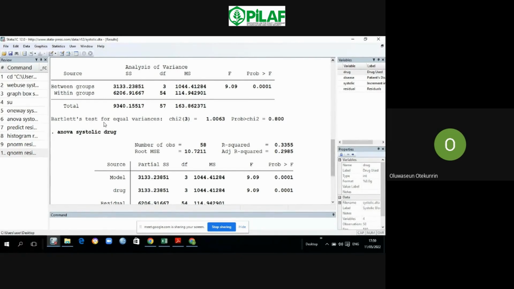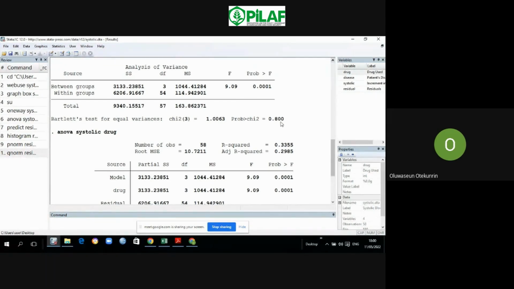So it's inside that output. If you look at it here, it is 0.800. H0 says the variances are equal. H1 says the variances are not equal. So now we're accepting H0 that the variances are equal.